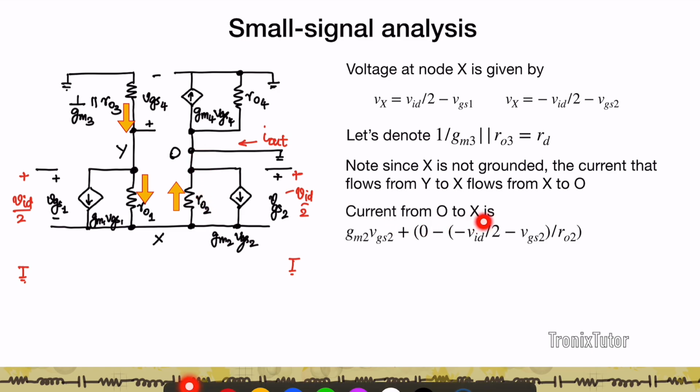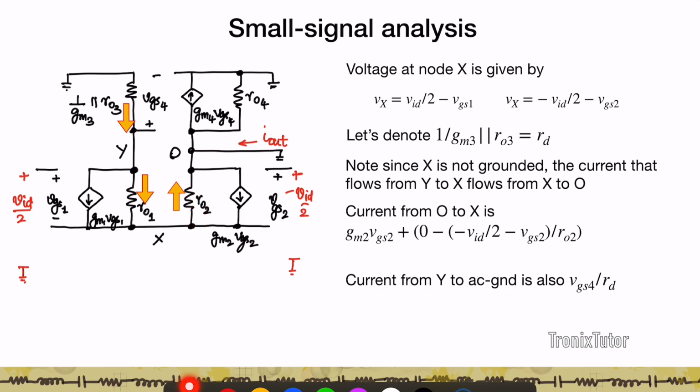So if I look at the current from 0 to X, in the opposite direction, it's going to be given by Gm2 VGS2 plus the current flowing in RO2, which is the voltage difference between the two ends of RO2, minus VID by 2 minus VGS2, divided by RO2. So that's the net current flowing from 0 to X. And the current flowing from Y to AC ground is VGS4 divided by RD.